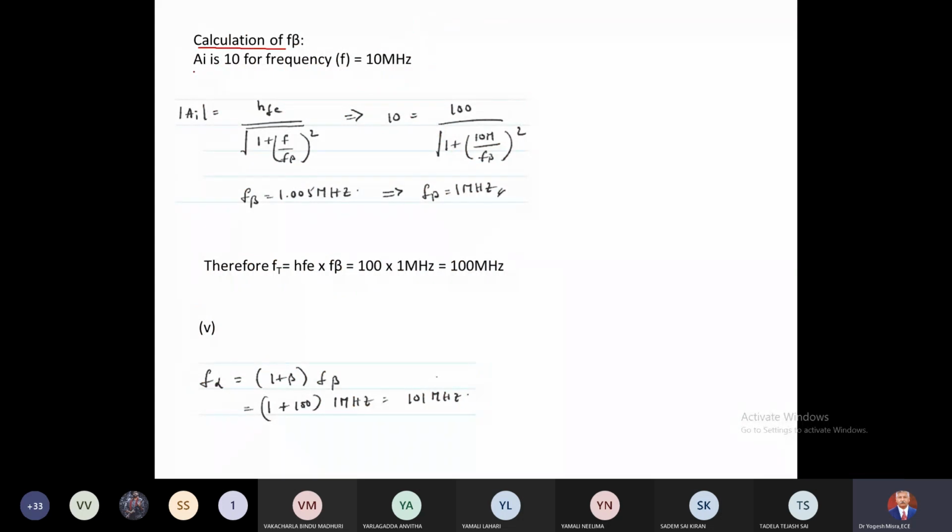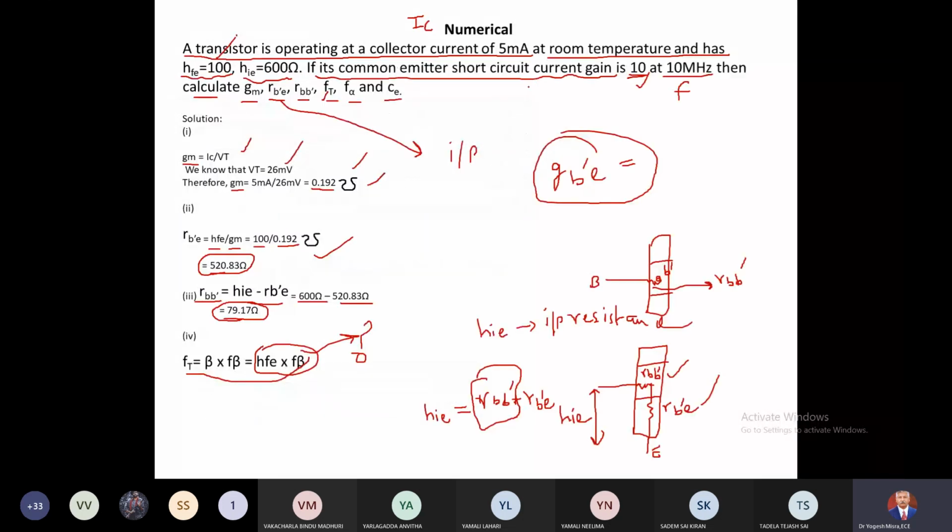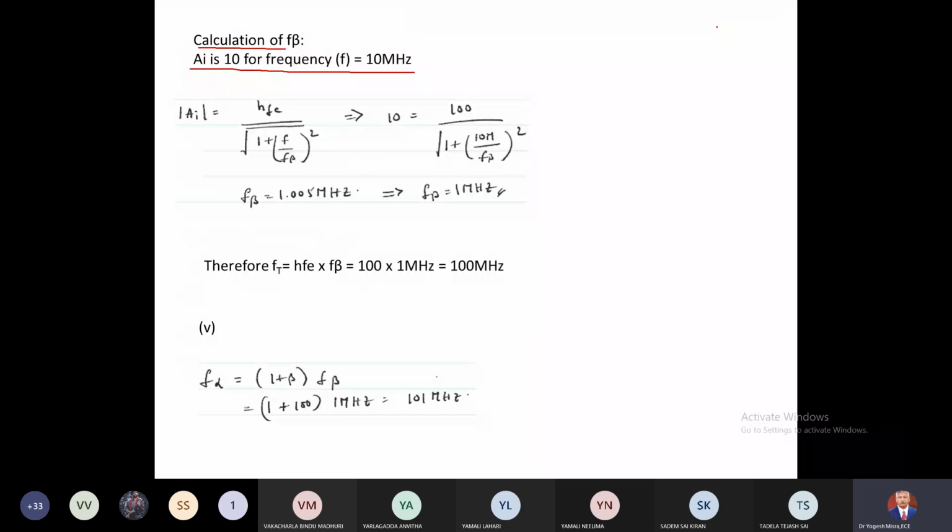Calculation for F beta. The short circuit current gain is 10 for a frequency of 10 megahertz. This is given. The magnitude of the short circuit current gain is HFE divided by square root of 1 plus (F by F beta) whole square.